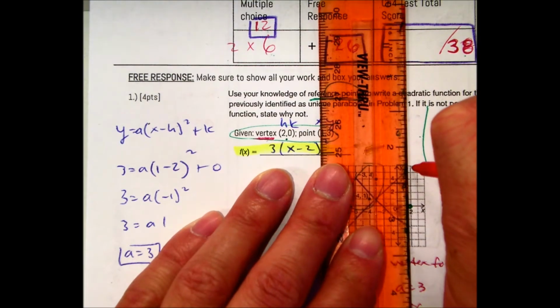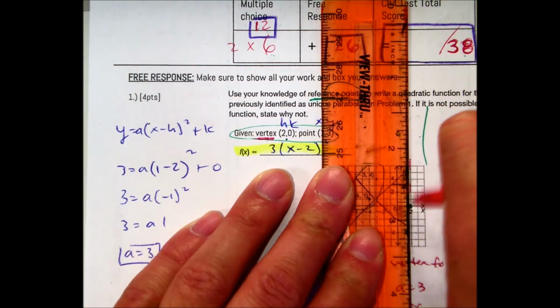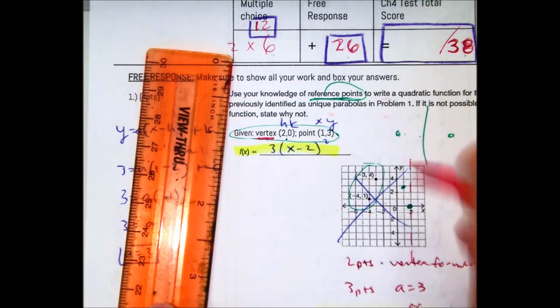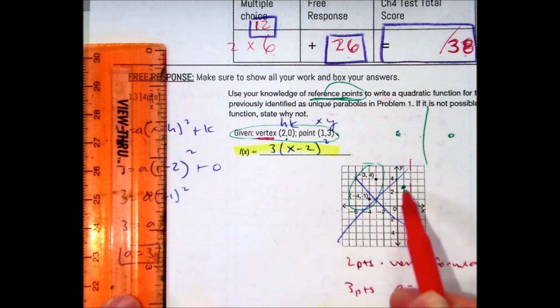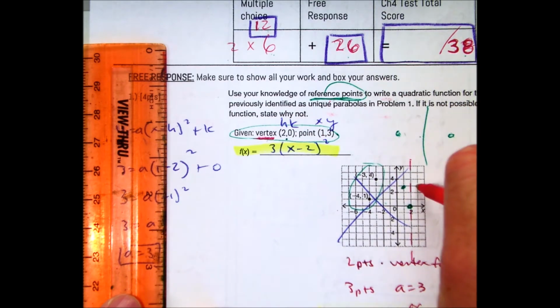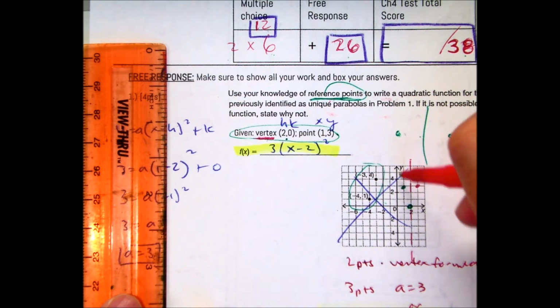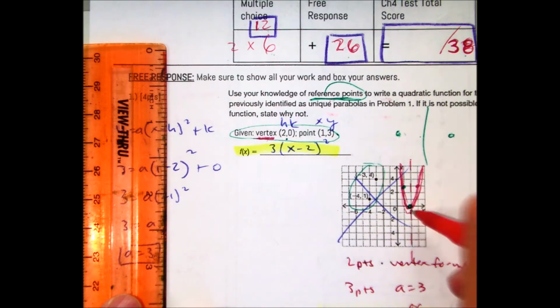And at the vertex, it actually goes through the axis or the line of symmetry where they fold it. So I can use reference points to get another point on this side. Count to 1, count to 1. You see that? Then I know my graph's going to look something like this. Then I know that's the minimum.